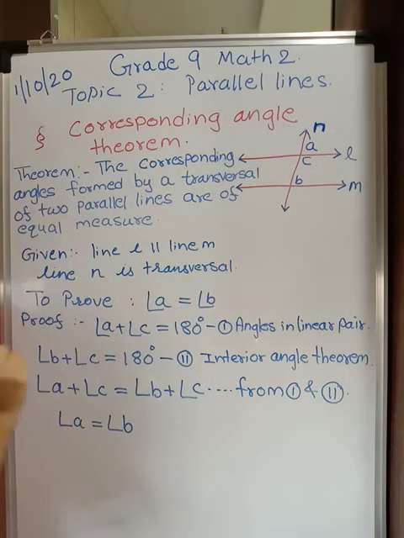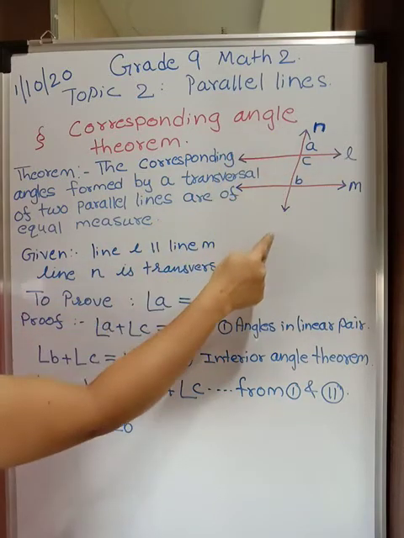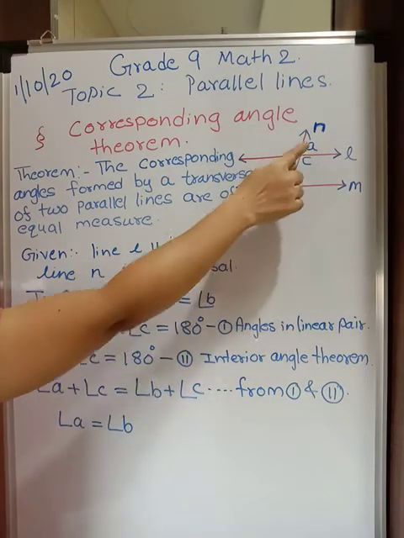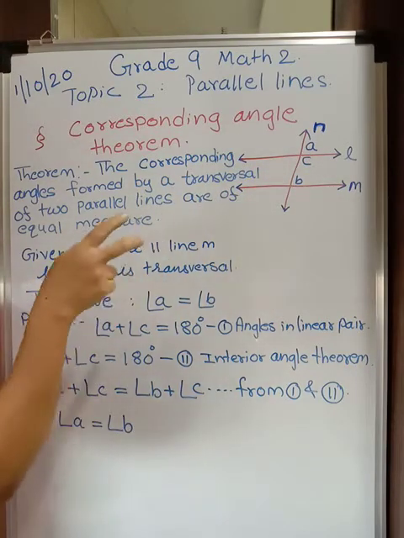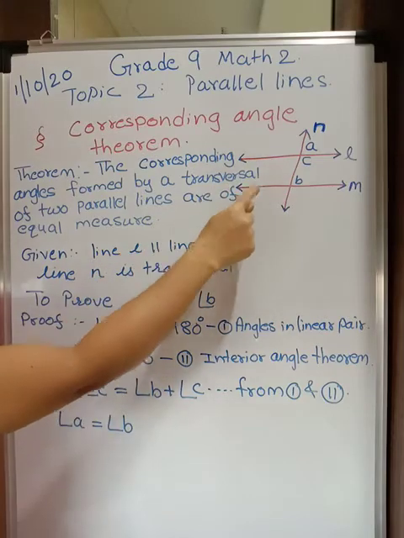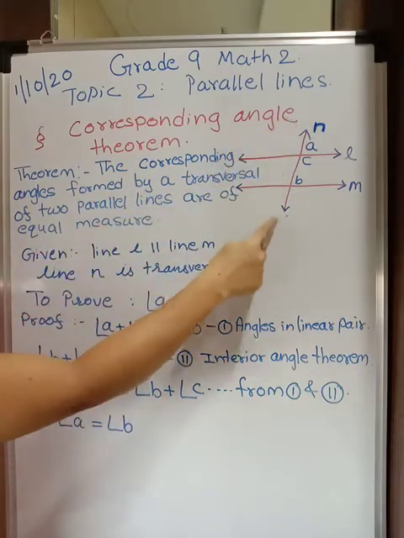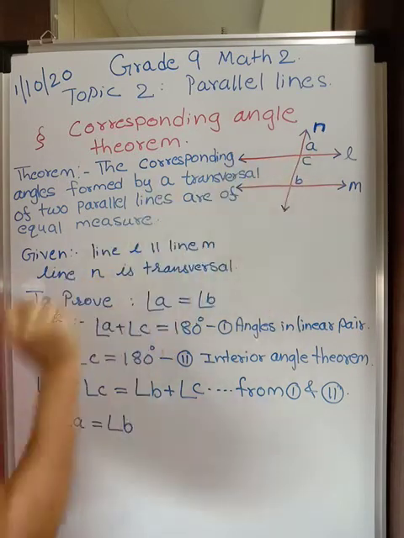And our proof is, it is given that L and M are parallel and N is a transversal, then we have to prove angle A is exactly equal to angle B. That is to say that if lines are parallel, the corresponding angles formed are equal, or they have equal measure. So given is what? Line L is parallel to line M, N is a transversal, and we have to prove that angle A is equal to angle B.